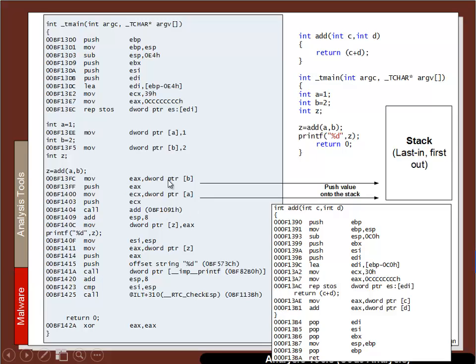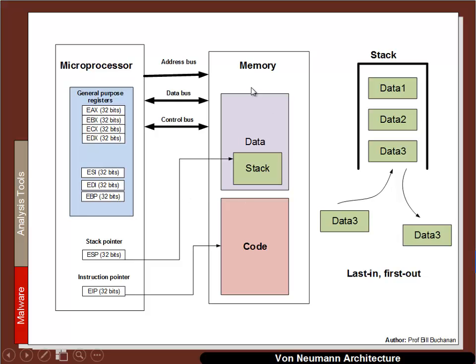Okay, so the push pushes onto the stack, and then the pop takes the values back off again. They should be taken off in the correct order. Okay, so this shows the stack area. The stack pointer identifies where we are in the stack, and then we push and pop the values back off.